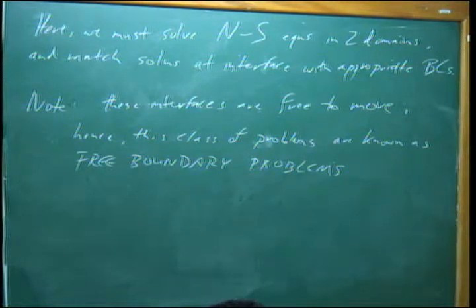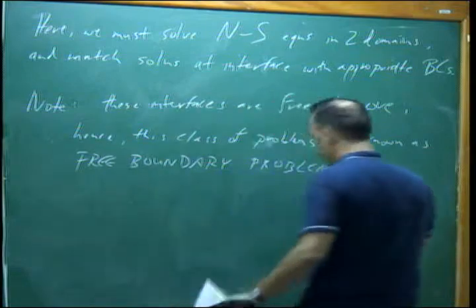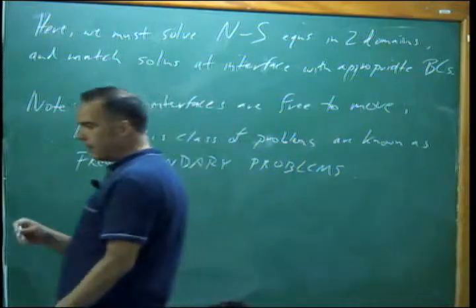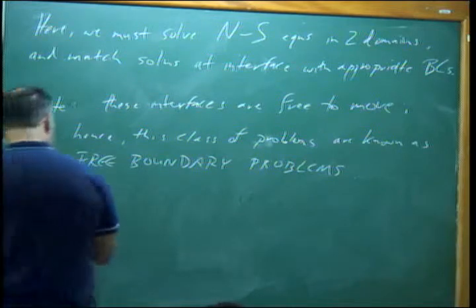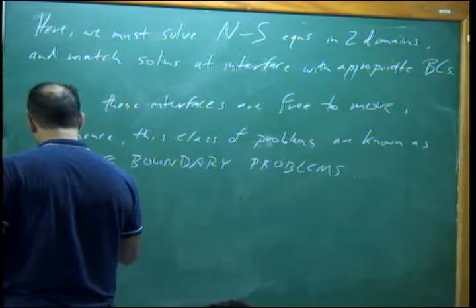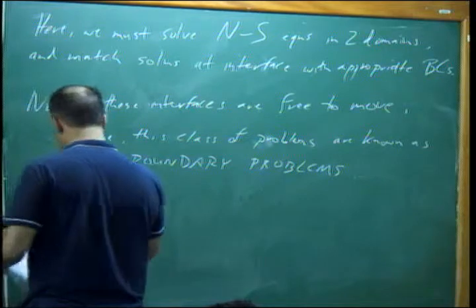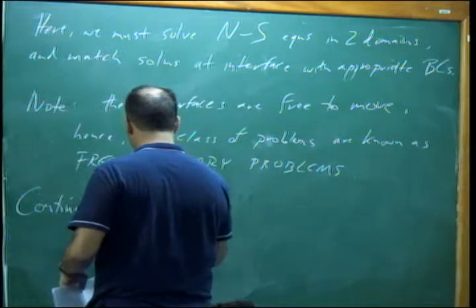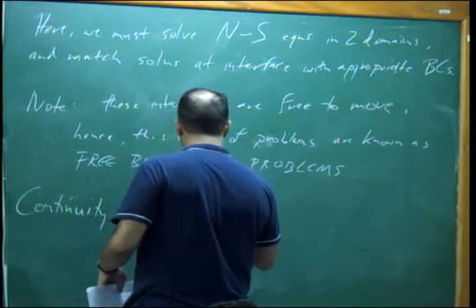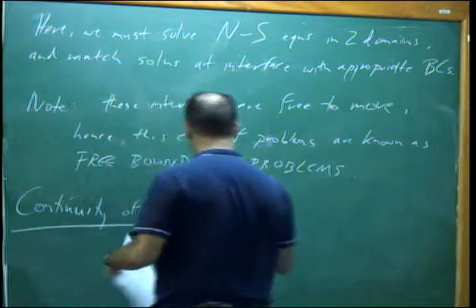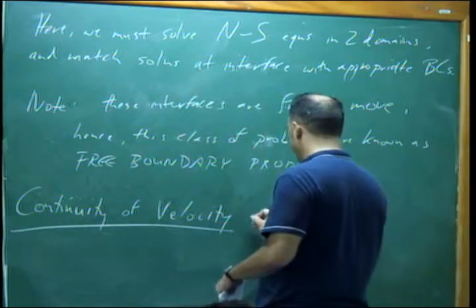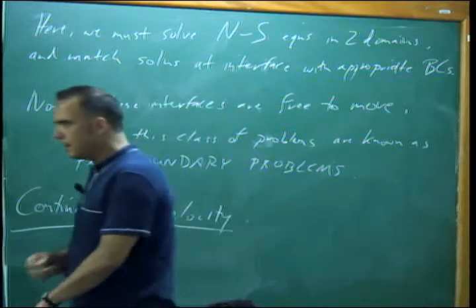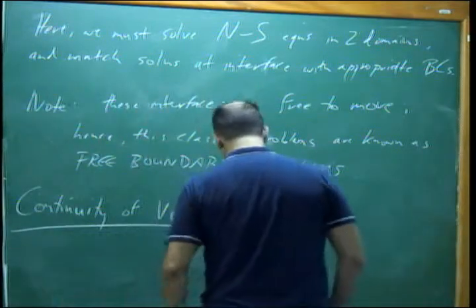Okay, so the first boundary condition is a simple one. At an interface, velocity is always continuous. We can't have discontinuities in velocities, or we'd have discontinuous stresses.